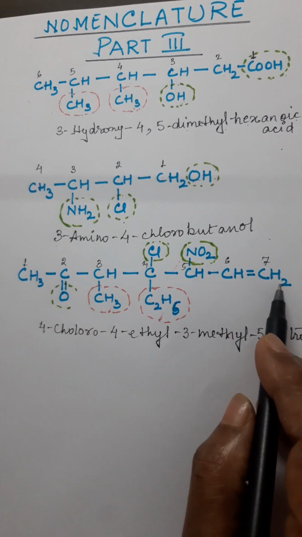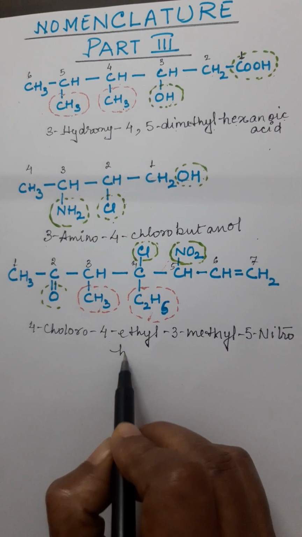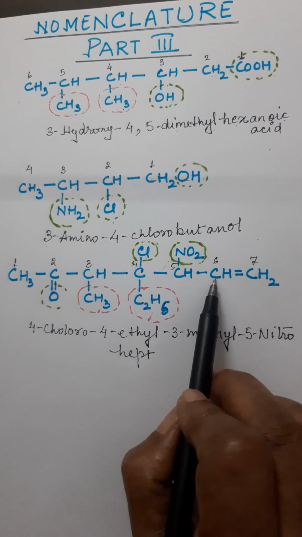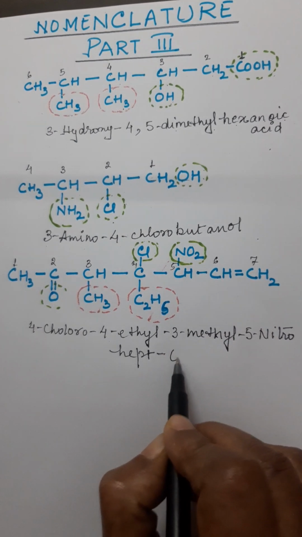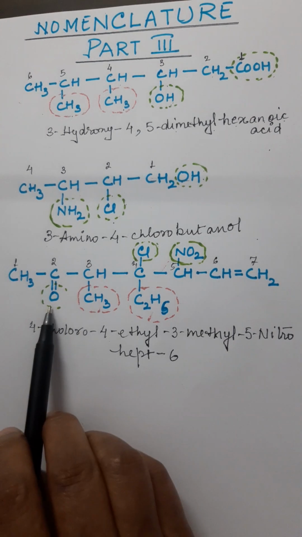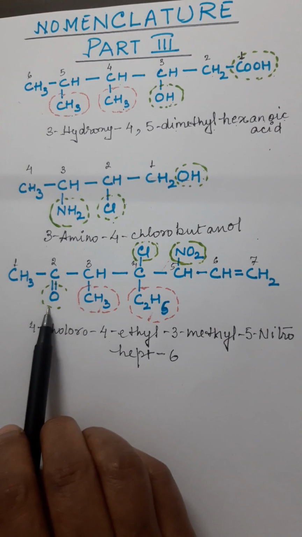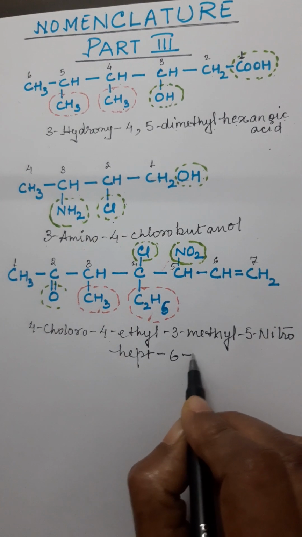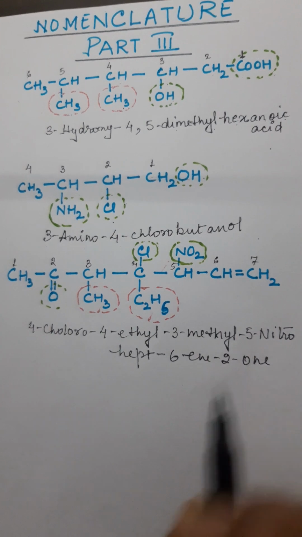And then coming to the root word, there are 7, so we will write hept. Since there is a double bond existing between 6 and 7 we will take 6. So hept 6, and then coming to this one, which number carbon is the ketone on? It is 2. So we will write 6-en-2-one.